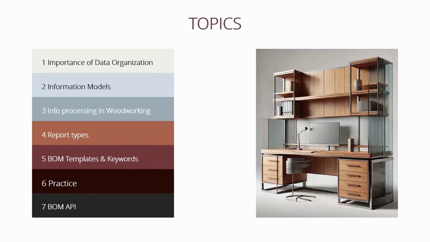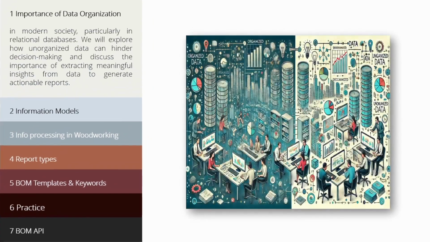So now let's outline what we will be covering today. We will start from the importance of data organization in modern society, especially using relational databases. We will see how unorganized data can hinder decision making, how it can affect our performance in woodworking, and so on.